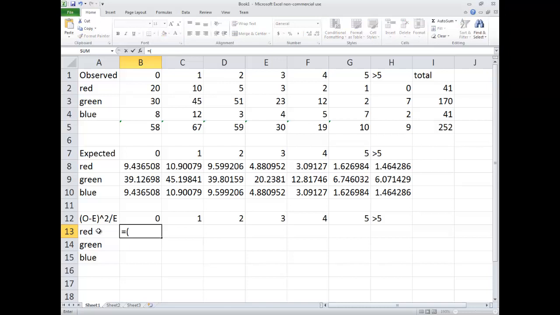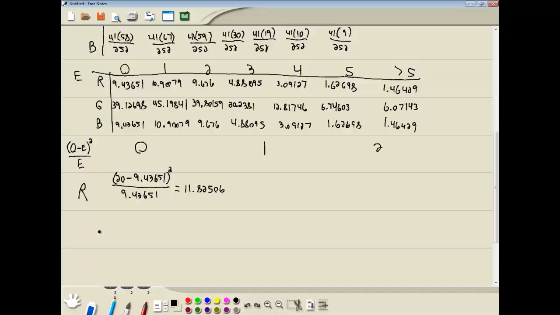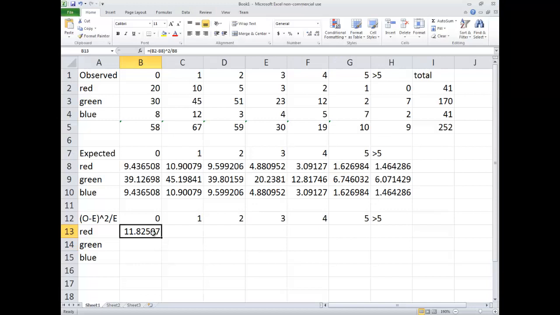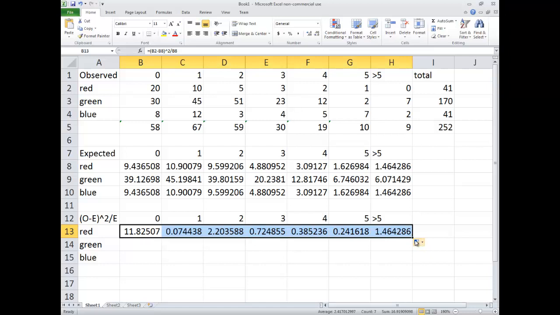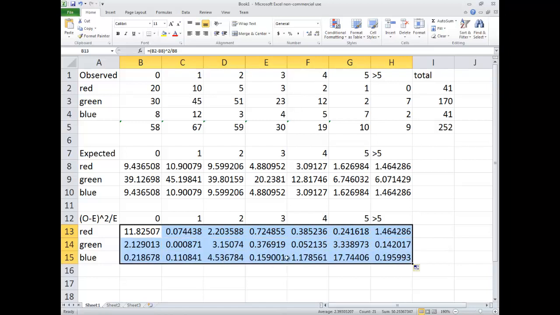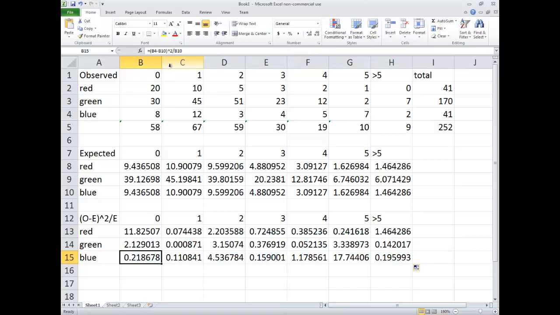Okay, equals O, observed, which would be this one, minus the expected, which would be that one, close parentheses squared, divided by the expected, which would be that one, enter. 11.82507. I'm pretty sure that it's right and I'm wrong, but I must have rounded wrong. B4 minus B10. Okay, that looks right.